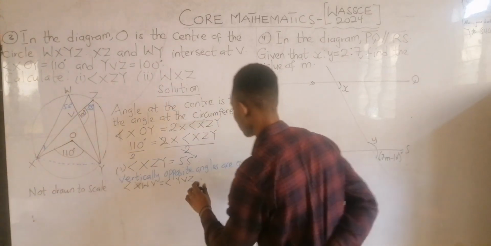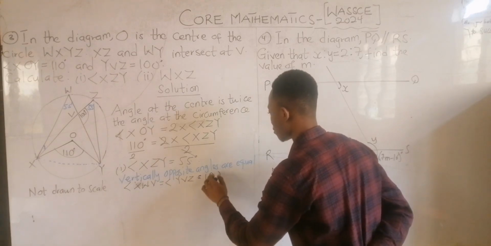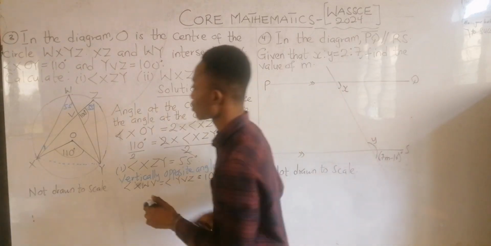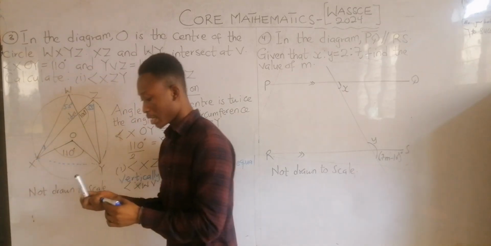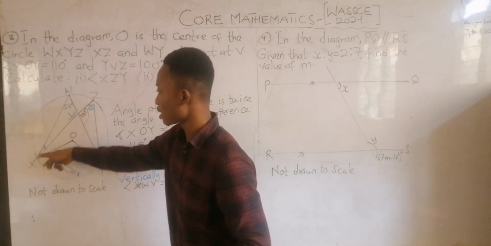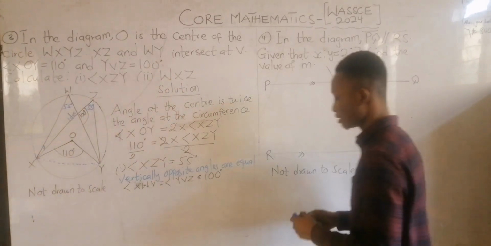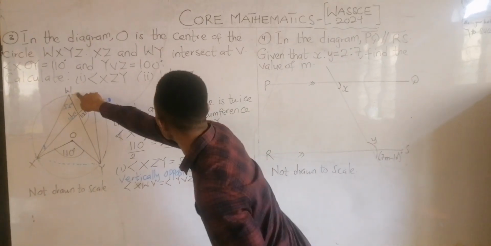YVZ is 100 degrees. In a triangle, the sum of the angles adds up to 180. So let's add everything up to equal 180.